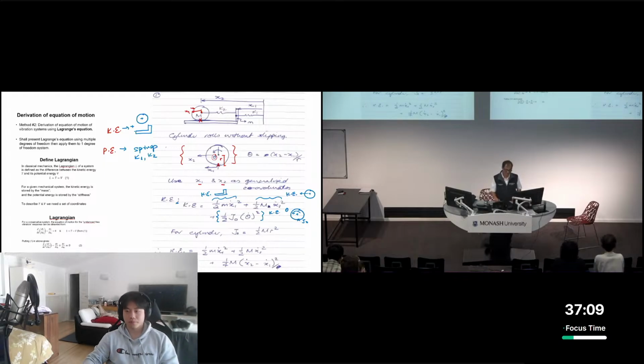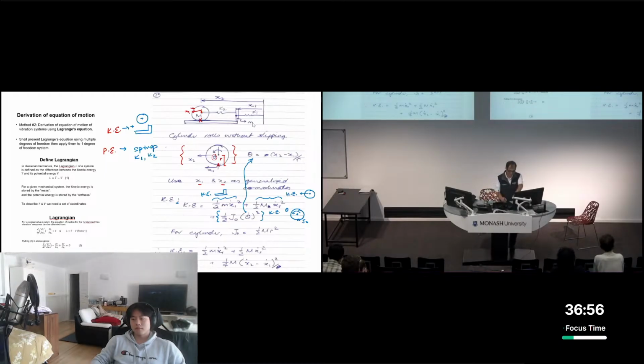All right, but we know that theta and x1 and x2 are related by this equation. Can you explain the equation again? Why do you need x2 minus x1 over r?